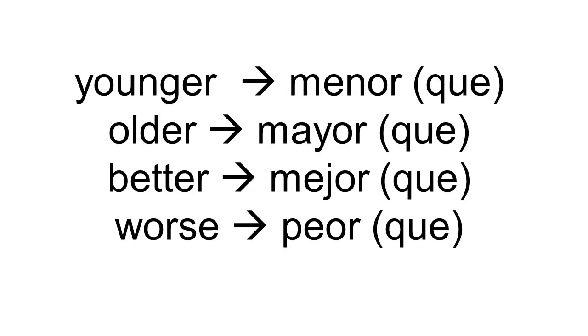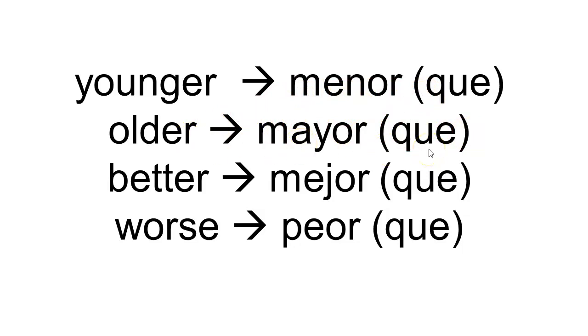We have a special word for that, which is menor. And then older, instead of using the adjective old, we won't say más viejo que. It's an exception. We say mayor que. Okay, so here are the first two examples. Younger would be menor que, and older would be mayor que.